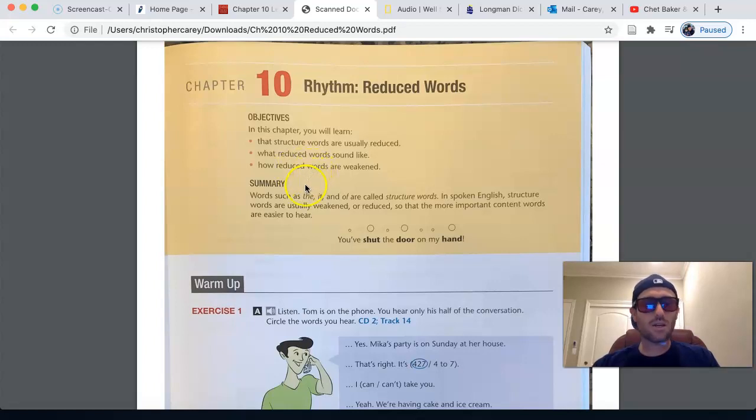But the main thing we're going to take away from this chapter is that structure words, prepositions, articles, conjunctions, negative auxiliary modals, all of those are reduced so that more important content words are easier to hear. Structure words are reduced, unstressed, so that content words are easier to hear. All right, let's continue and get some practice under your belt so you have a better idea of the rhythm of reduced sounds, reduced words.